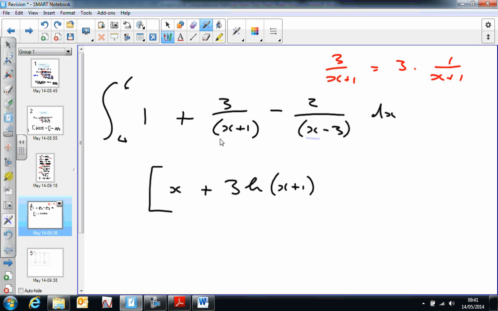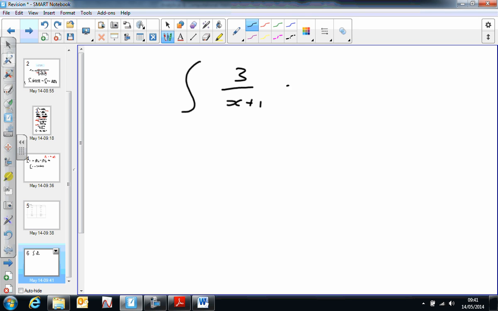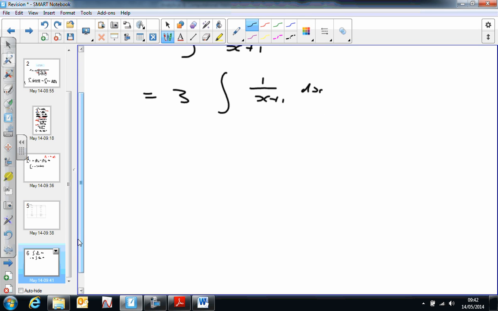So let's just look at this integral of 3 over x plus 1 in more detail. The integral of 3 over x plus 1 is the same as 3 times the integral of 1 over x plus 1 that we've already talked about. I can think of that 3 as being separate. I've got a standard integral, and the standard integral is that the integral of 1 over x is log x plus c.